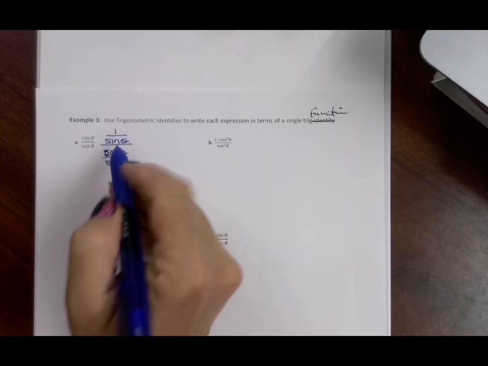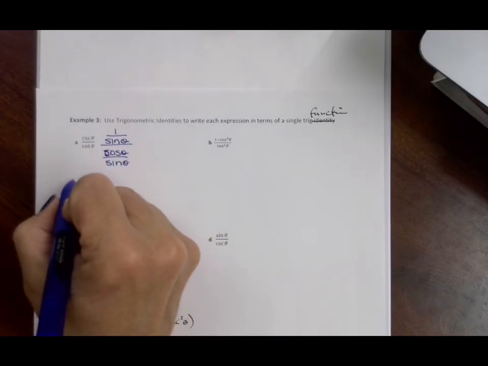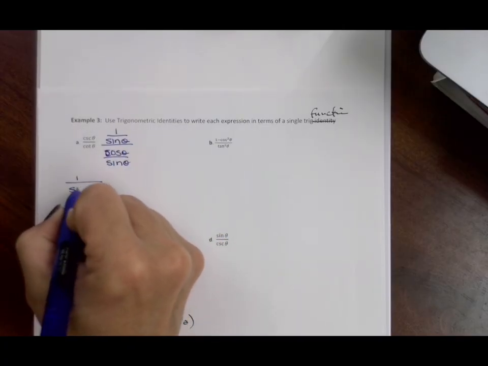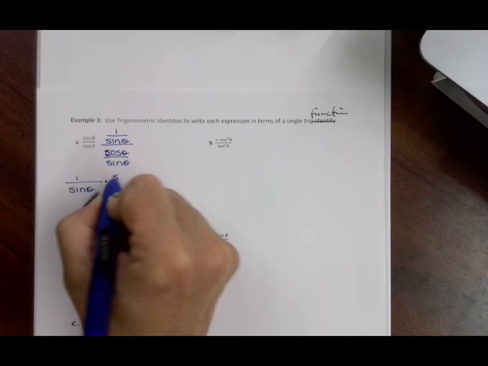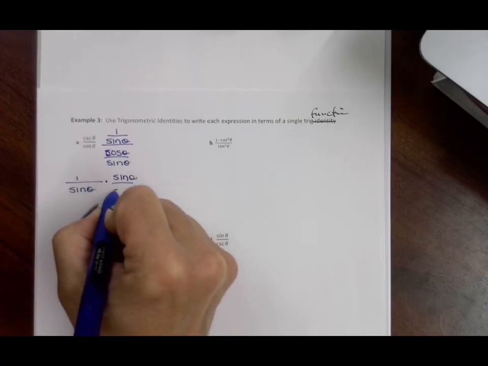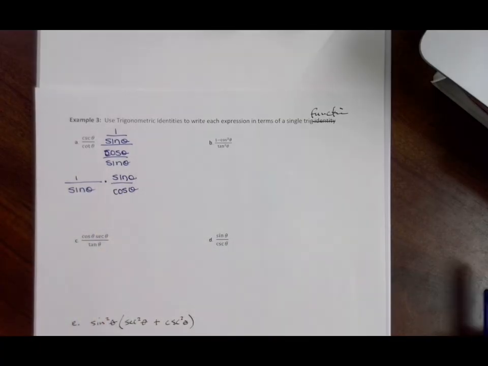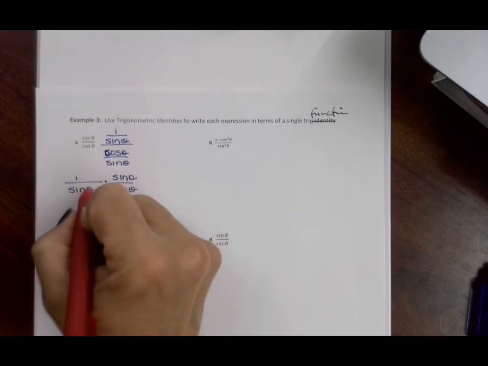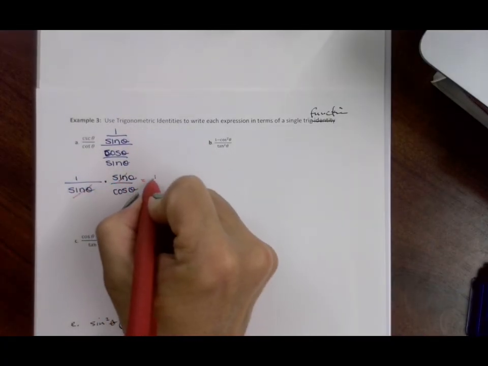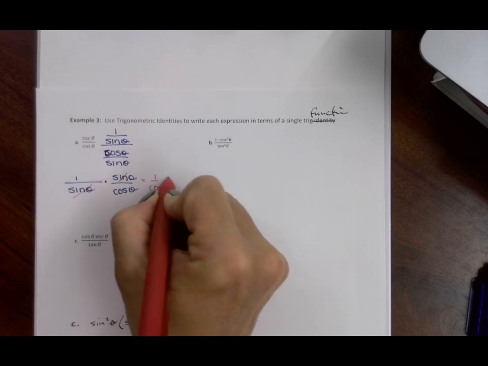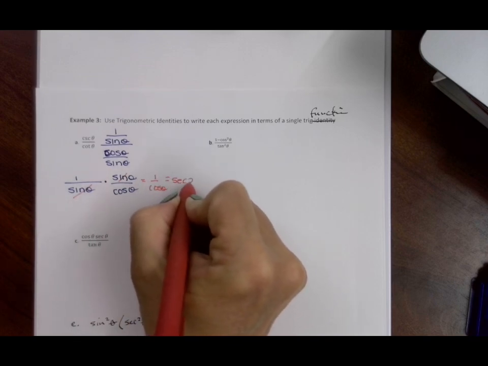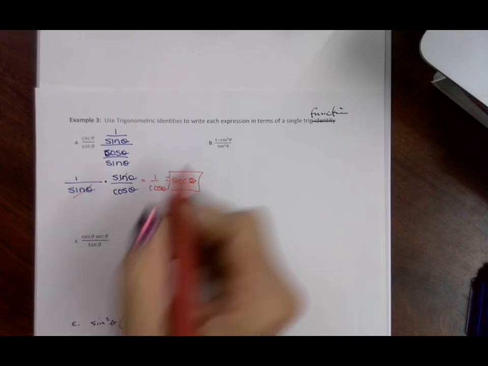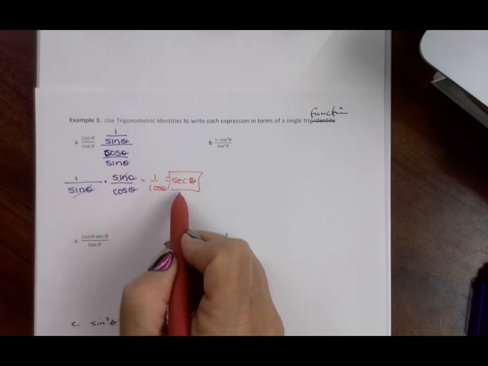So my strategy here, I would have 1 over sine theta times sine theta over cosine theta. So I flip this in the denominator. So these cancel out. This gives me 1 over cosine theta, which simplifies to secant. So all of this becomes just secant theta.